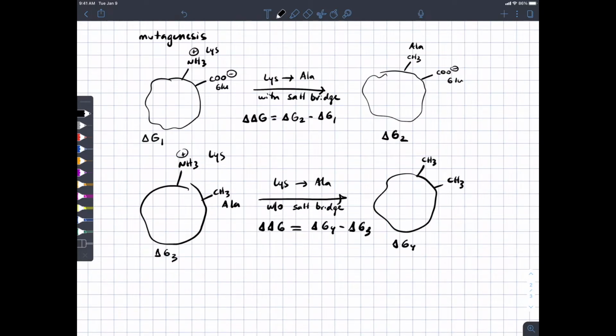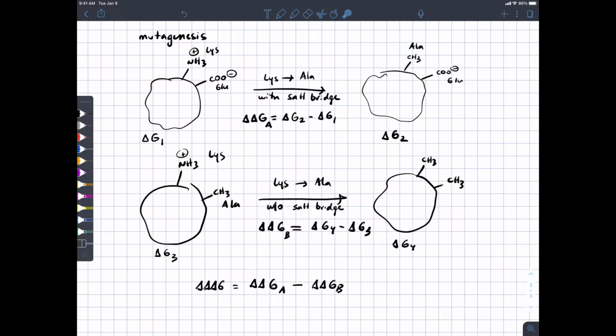So if you subtract this change in free energy from this change in free energy, we will have isolated out the effect of having the salt bridge present.